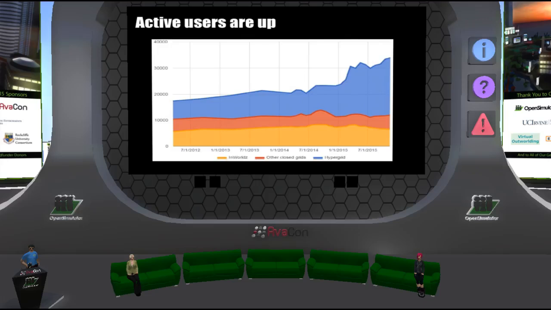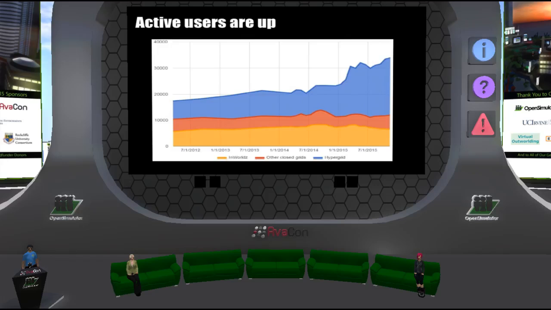So as the number of commercial grids is expanding, the number of users on these grids is not growing much at all, whereas the hypergrid growth is really going strong because, in effect, the hypergrid is one giant interconnected grid. We can all make friends, we can all teleport, we can attend events, we can even go shopping sometimes on other grids. It is really, really exciting.